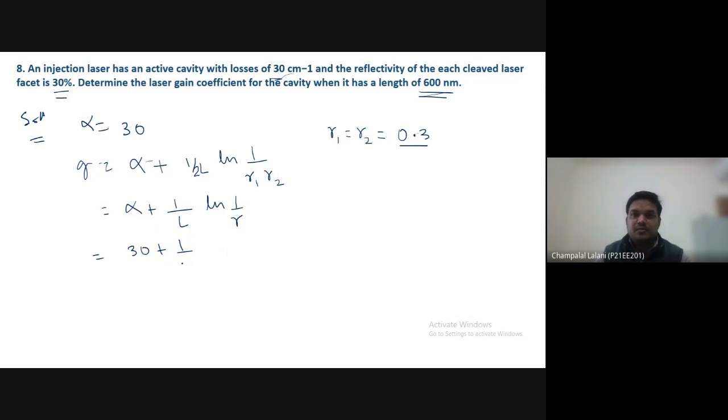In centimeters, it will be 600 into 10 raised to power minus 7, ln 1 by 0.3. If you solve this, you will get the answer.